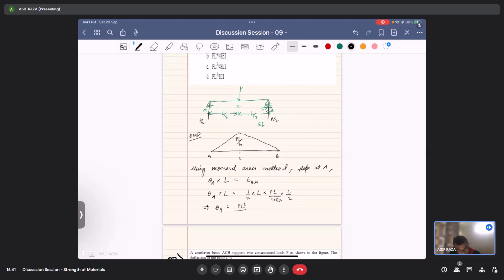This is the moment diagram, so if I write M by EI, it would be the same thing, just the values, PL by 4 EI. So theta A comes out to be PL square by 16 EI, and this would be clockwise.